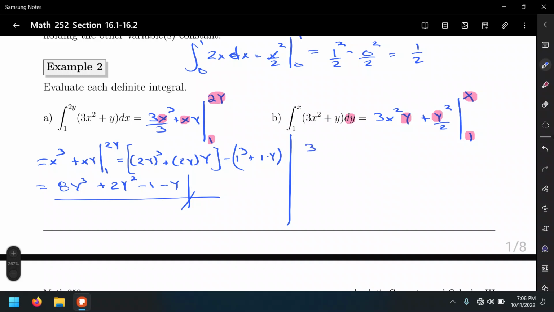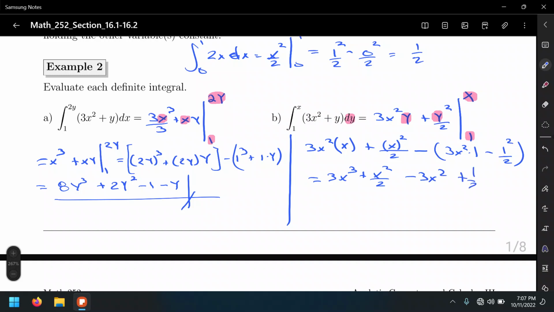That is 3x squared y, which is x, plus x squared over 2, minus 3x squared times 1 minus 1 squared over 2.